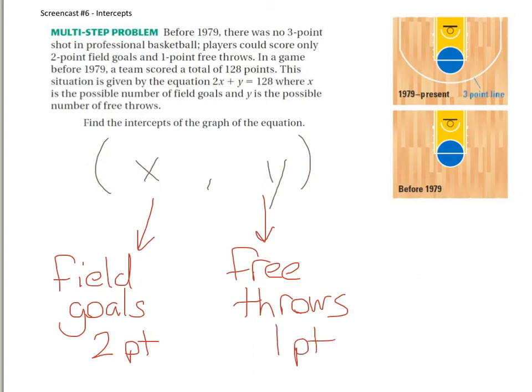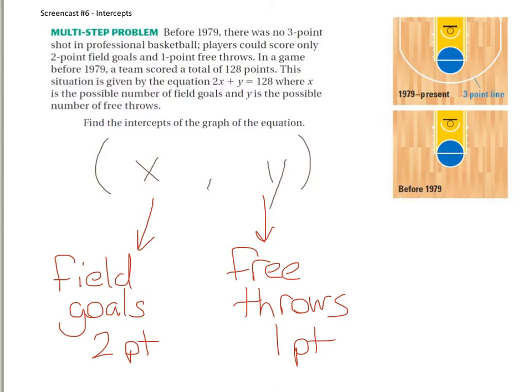We know that anything we insert for x is going to represent the number of field goals, and anything we insert for y is going to represent the number of free throws. So a quick example of this would be, let's say a team made 8 field goals. So x would be 8. Well, keep in mind that would represent 16 points because every field goal is worth 2 points.